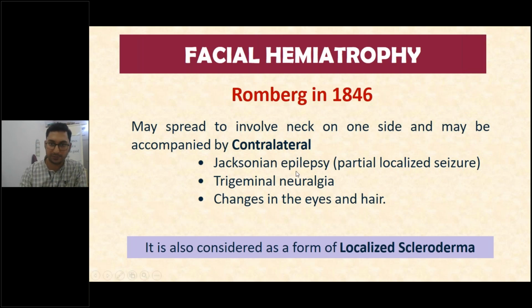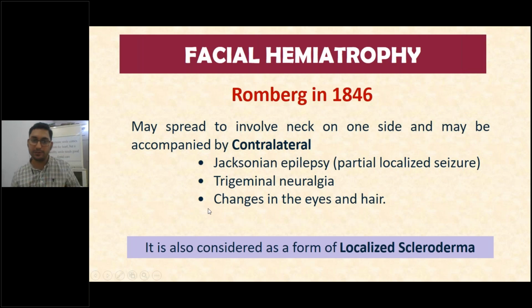Jacksonian epilepsy is basically a partial or localized seizure in a localized area of the brain which is affected. Next is trigeminal neuralgia, and there will be changes in the eyes, mostly, and can be in the hair of the contralateral side. Okay, so three things. These three are important.